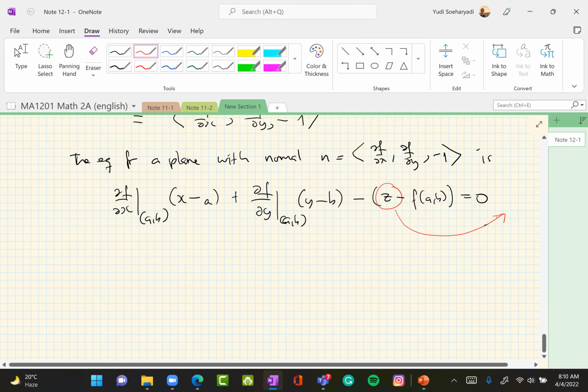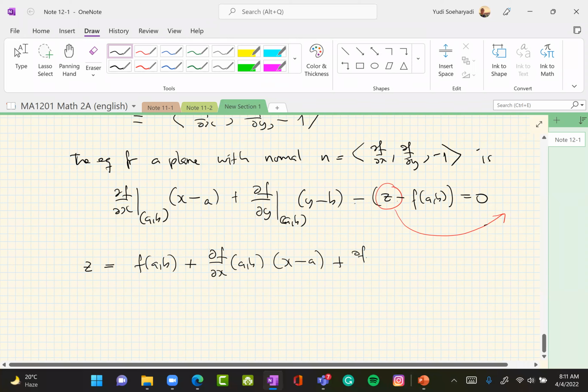Let's see here. So what we get is that z equals, what the rest is, minus minus become plus, plus this one here, df dx at a comma b, right?